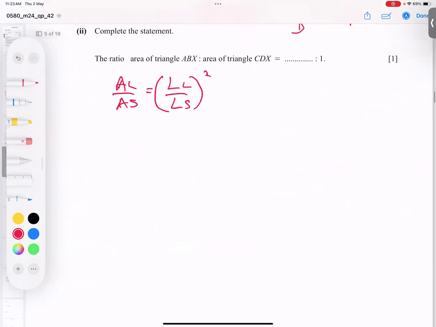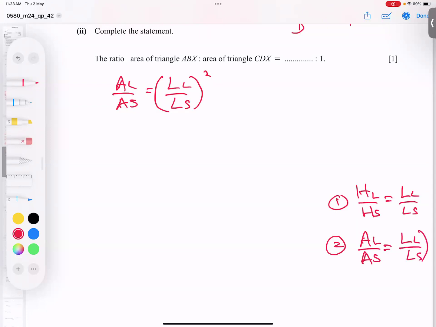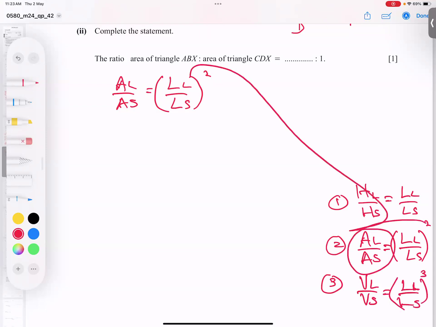You remember the formulas, students? In case of area, area of large, area of small, length of large, length of small, I must put square. In case of volume, I must put power 3. No squaring, no cubing for height or length. Now, because we talk about area, we will put square.